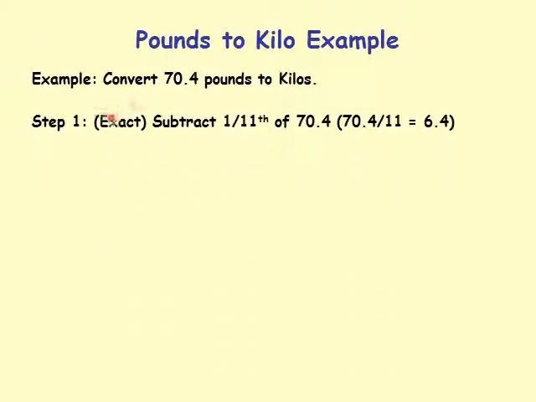Let's consider an example of converting from pounds to kilos. Let's do the same example here. Let's convert back 70.4 pounds to kilos. Reversal method for exact calculation: we'll subtract an 11th of 70.4, and an 11th of 70.4 is 6.4.